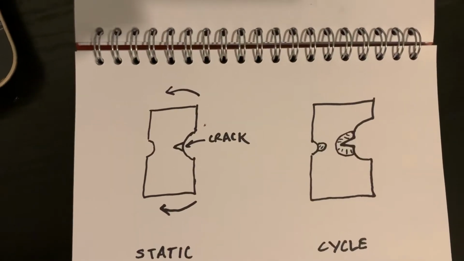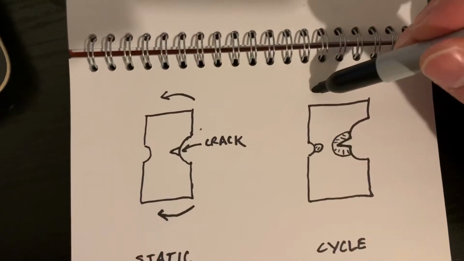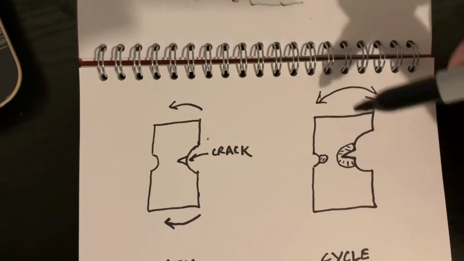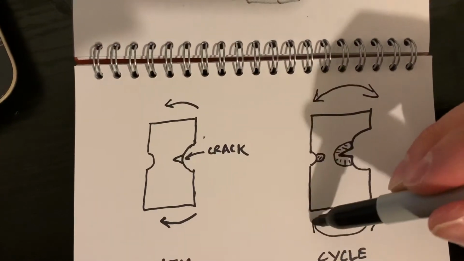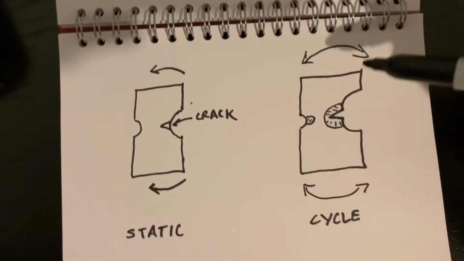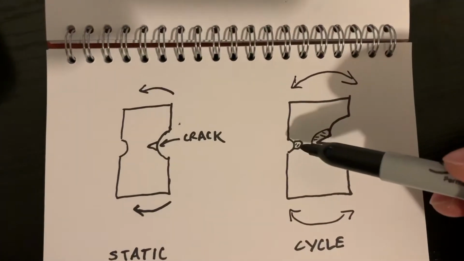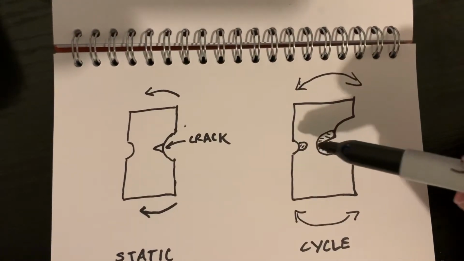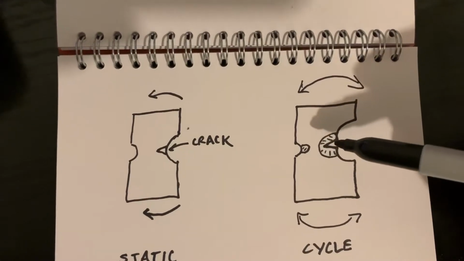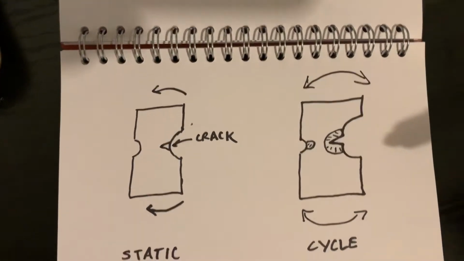Now, cycle fatigue is a little different. The moment here causes the stress to go back and forth and cause stress on both sides, and eventually the stresses will meet and the crack will eventually fail.